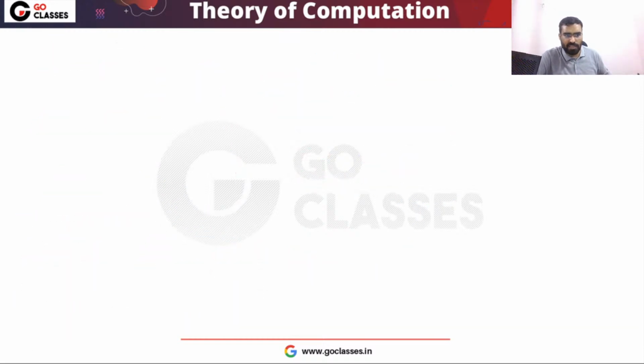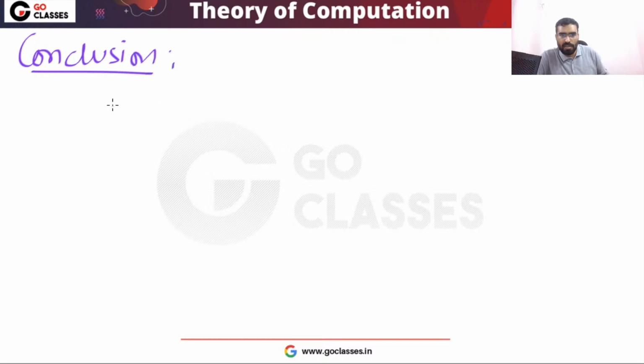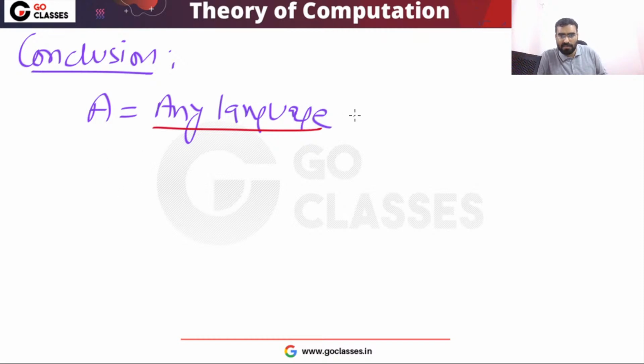These are two variations. Let me conclude. Let's assume A is any language, I don't know what language, it can be any language. And let's assume X is some string.